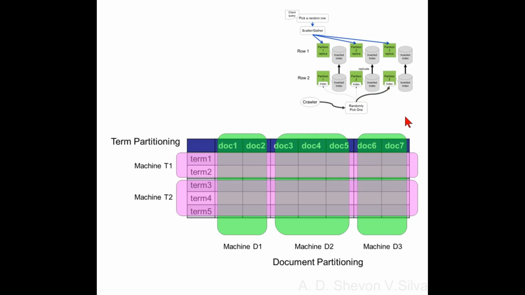During document retrieval, the first row of the replica machines is selected. The client query will then be broadcast to every column machine of the selected row.